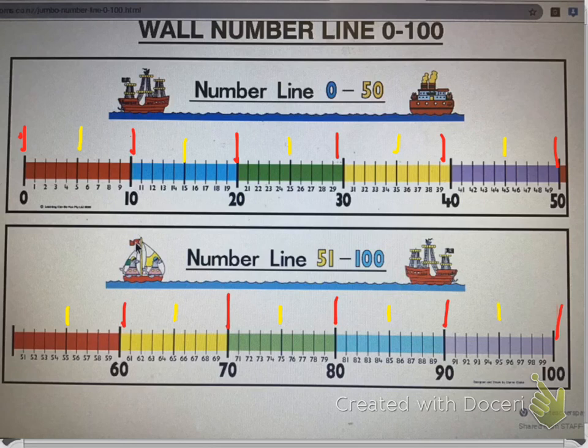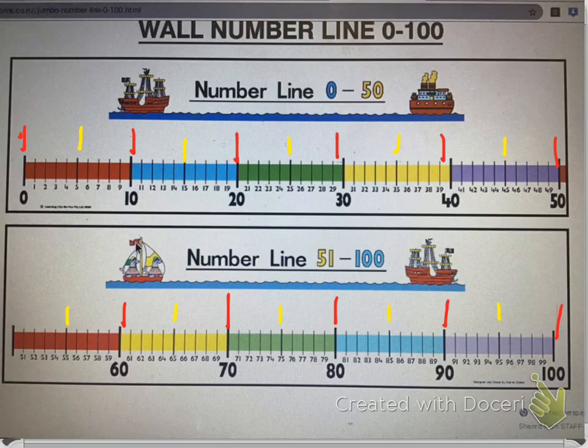Those are the halfway points between each multiple of 10. Those are some really important things to be able to know before you start rounding. That's going to help you decide if a number is closer to one multiple of 10 or another.